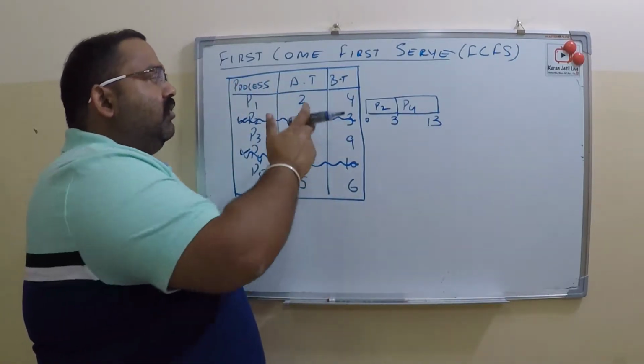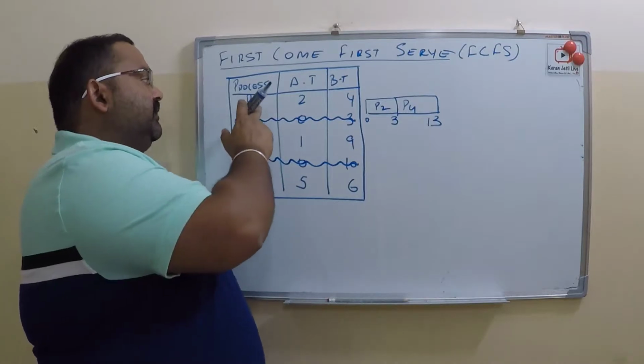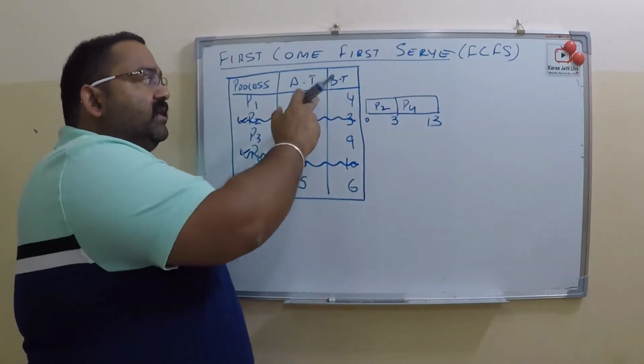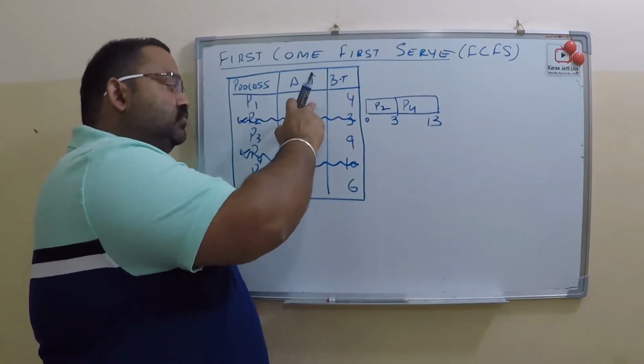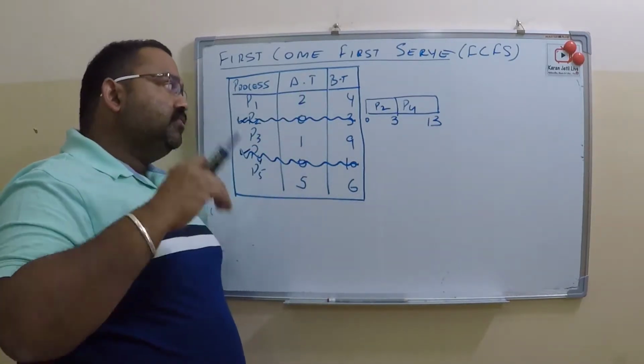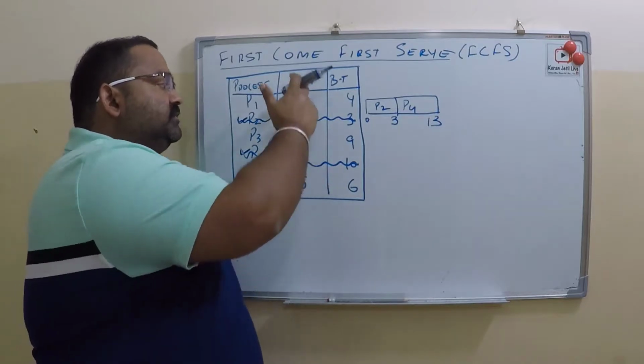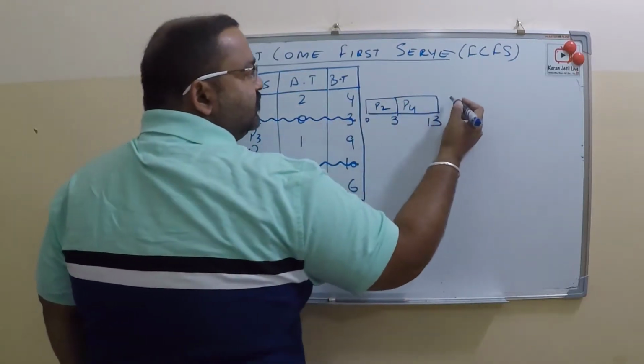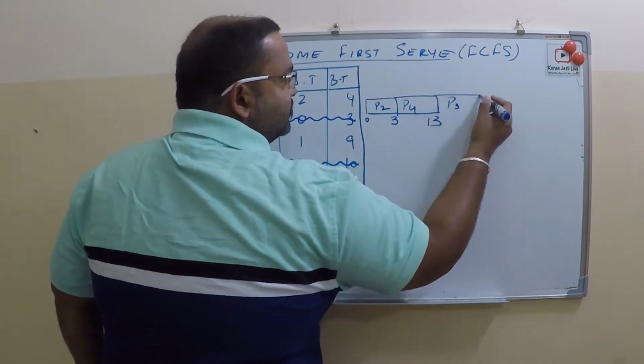Now how many processes do we have? We have processes P1, P3 and P5. One arrival time is 1, another is 2, and another is 3. Which one should it pick? First come. Out of these 3, which came first? That is P3. So at time 13, P3 starts.